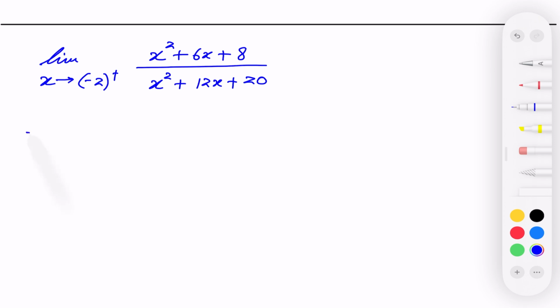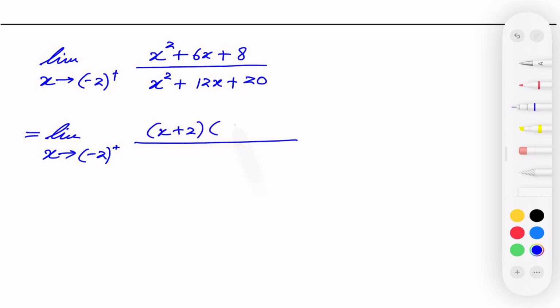All right, let's go ahead and factor. Limit x approaches negative 2 from the plus side. What are the factors on the numerator? Well, the factors on the numerator are x plus 2 times x plus 4. The factors on the denominator are x plus 2 times x plus 10.